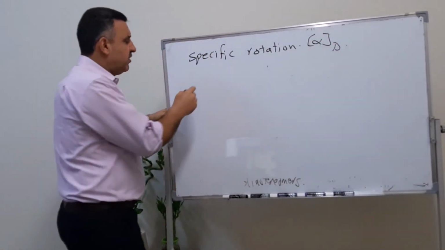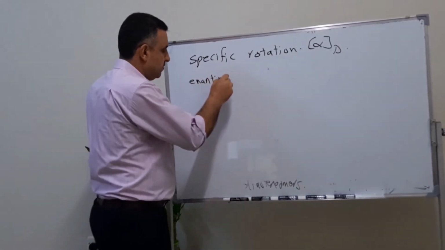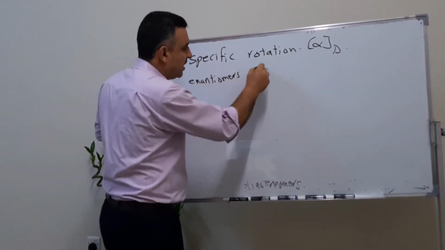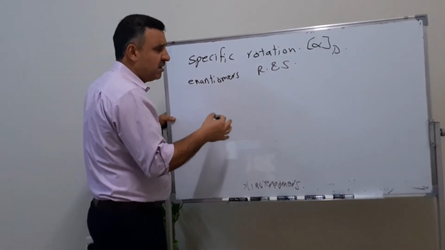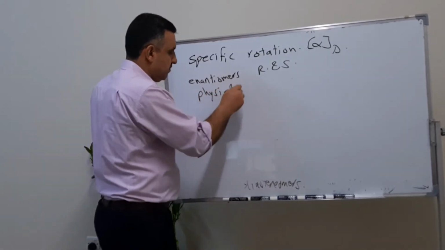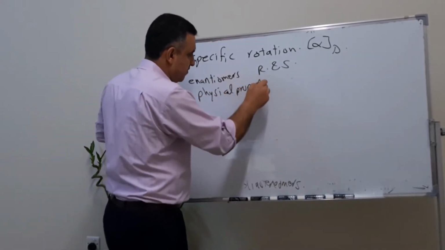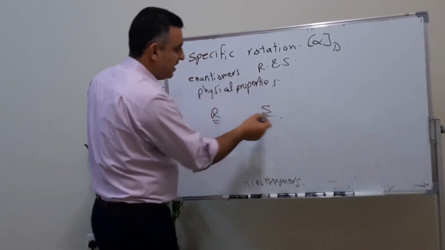Now, whenever you have enantiomers, for example R and S, and you want to check their physical properties, what will you see? This is R, this is S, and these are enantiomers.